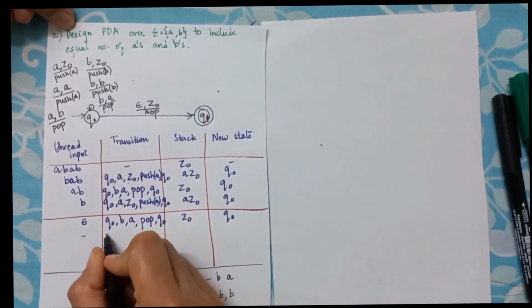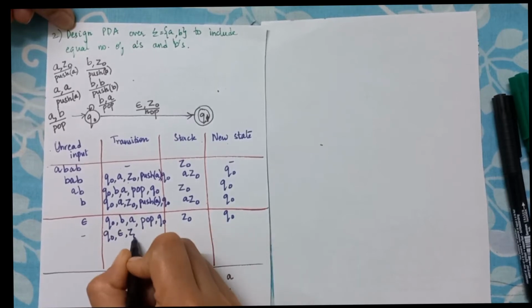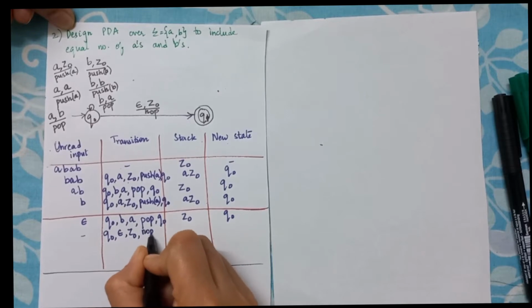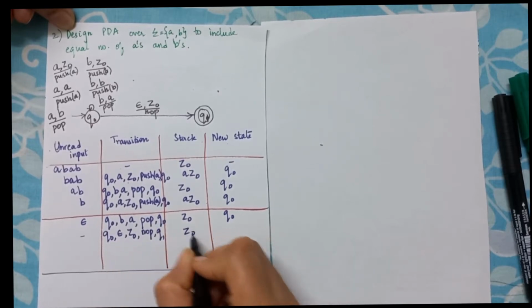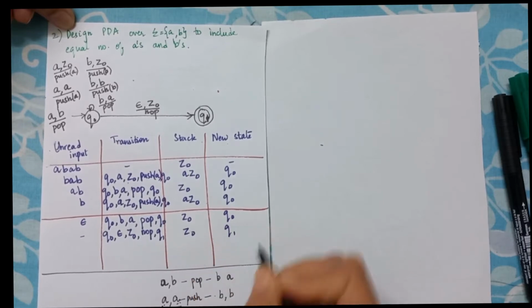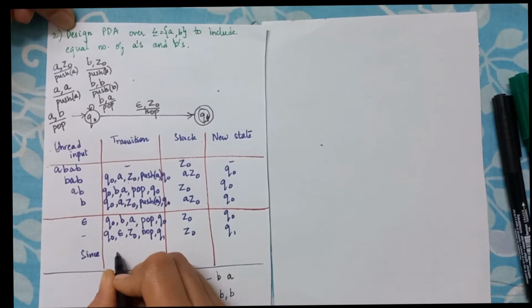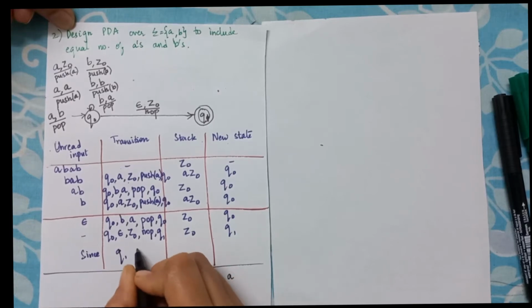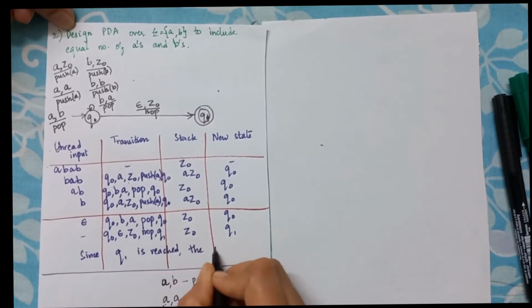So here Q naught, epsilon with the stack top as Z naught, I do not do any operation and I reach Q1. Only Z naught is there on the stack. Since the final state is reached, the string is accepted.